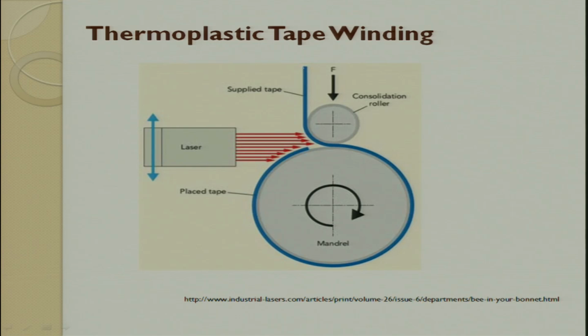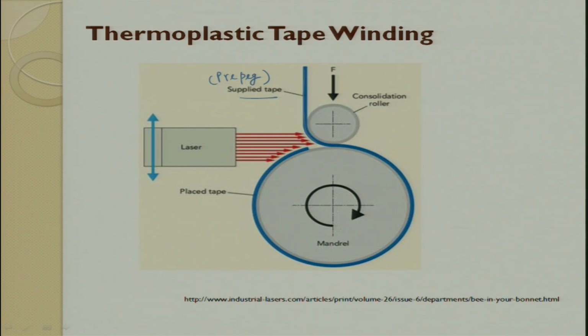So you have the tape which is coming. This tape is a prepreg, wherein it has a thermoplastic matrix and glass fiber reinforcement. Then a roller is used to consolidate.